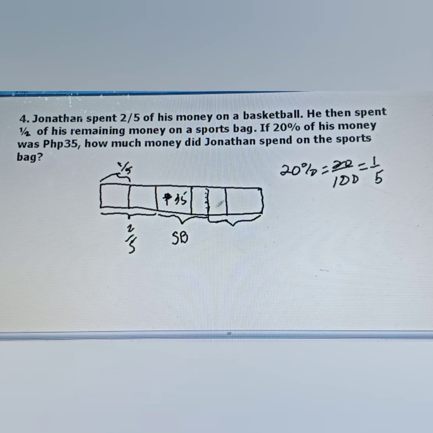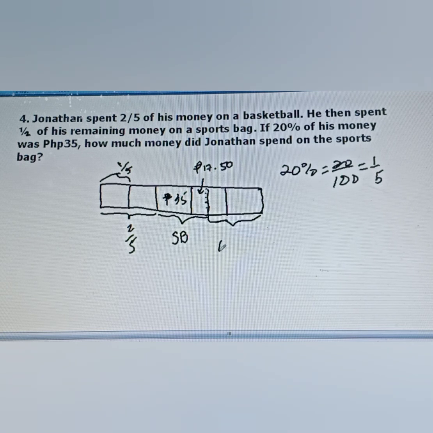And this is just half of 35. What is half of 35? That's 17.50, correct. 17.50, half of 35. So, the cost of the sports bag, because that's the question: how much money did Jonathan spend on the sports bag? So it's 35 and the 17.50 here.